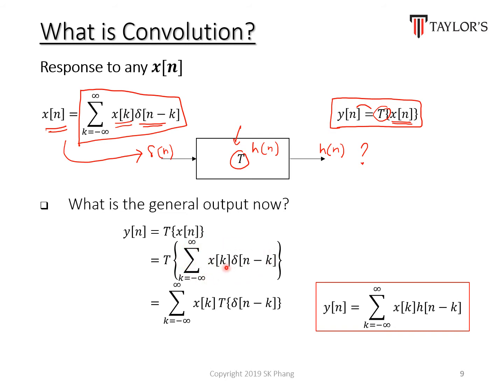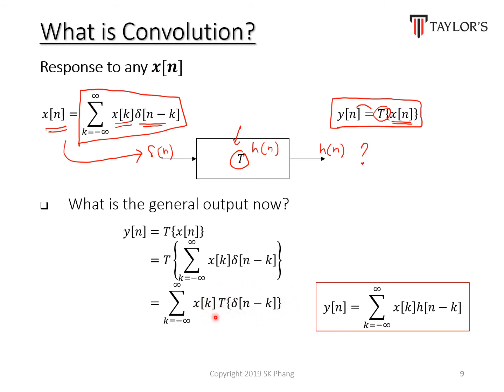Therefore, if we substitute this x[n] with our mathematical formula over here, it is a transformation of this whole lump of impulses. And as you know, we are studying linear time invariant systems. One property of linear time invariant systems is that we have the association and superposition principles. So the transformation of the summation of constants multiplied by the signals will be just the summation of the constants multiplied by the transformations of the signals.